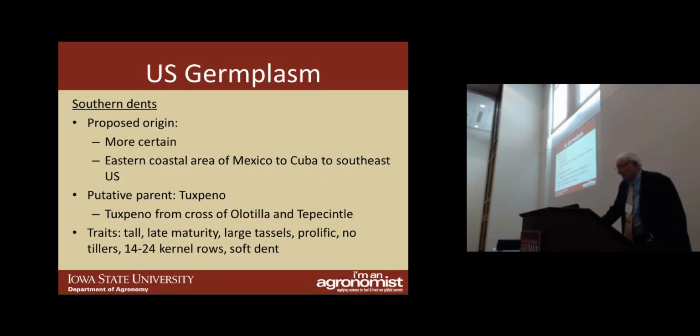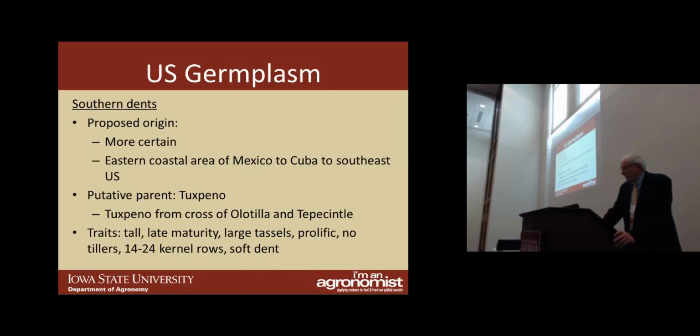Southern dents. Here the evidence seemed more clear. That was the Tuxpeno race from the coastal areas of eastern Mexico over to Cuba and eventually across, that's not very far from Cuba, to Florida, and then moved and distributed in the southeastern part of the United States.